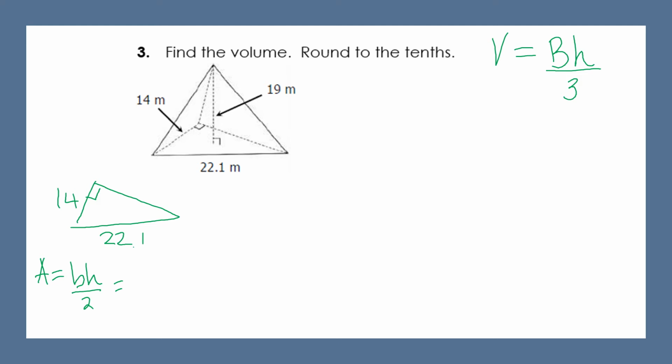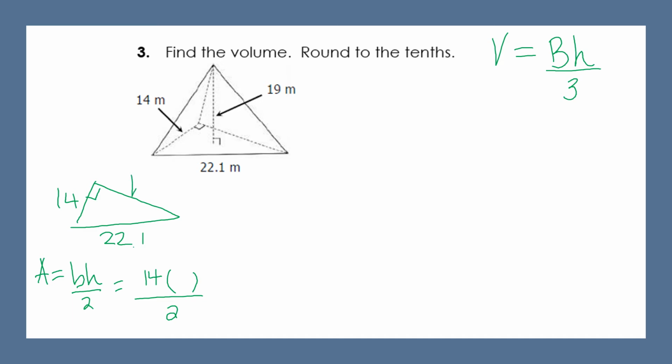So I know that one of my sides, and you can call it base or height, it doesn't matter, I'm just going to put it in for base, is 14, but right now I don't know the height of that triangle. So how do we find a missing side of a right triangle? Well, we can use the Pythagorean theorem.